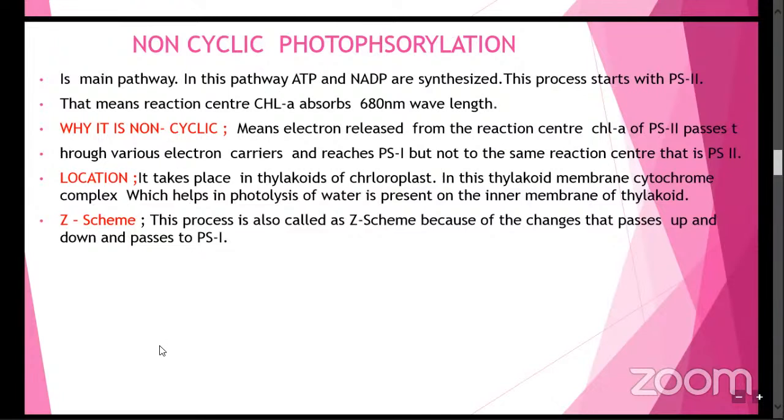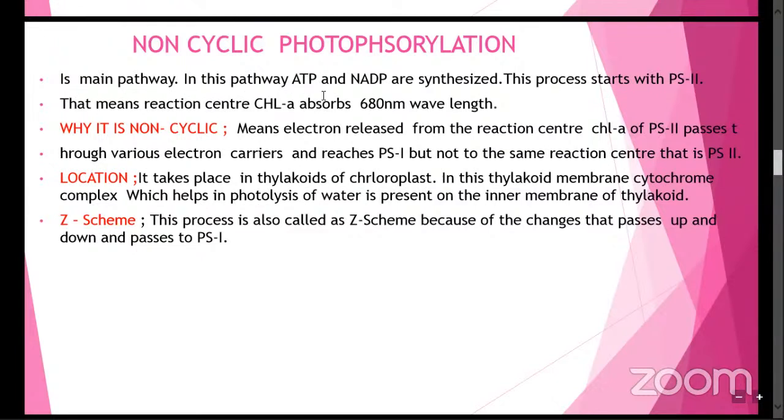So non-cyclic means electrons released from one reaction center pass through various electron carriers and reach another pigment system, but not the same reaction center. ATP synthesis takes place without the electrons returning to the same reaction center. That's why it is non-cyclic photophosphorylation. And this non-cyclic pathway is the main pathway.